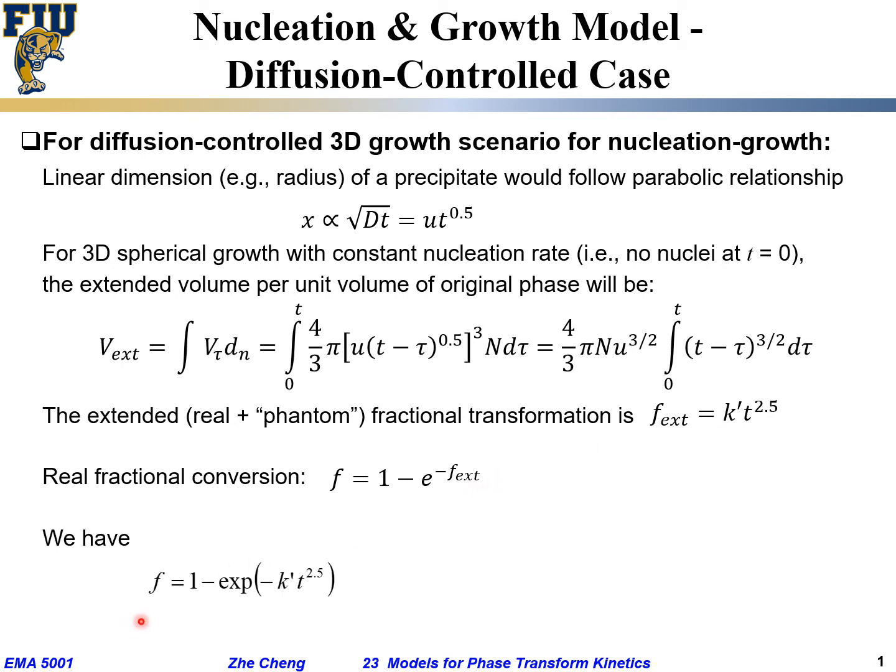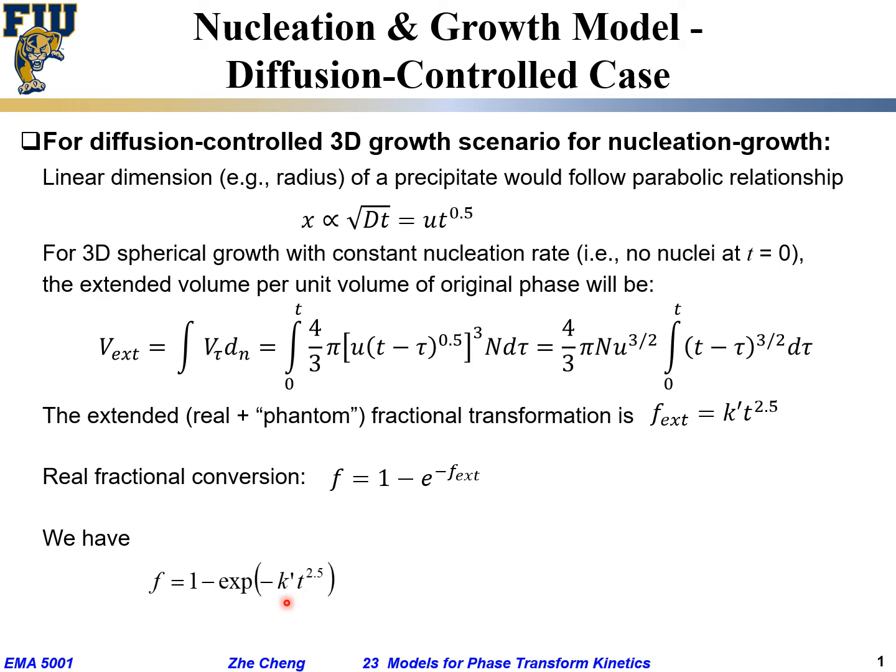Therefore, the real fraction of conversion is 1 minus the exponential term, where the exponent is a constant k prime times t to the power of 2.5, and don't forget the negative sign in front. From this equation, we can get the extent of conversion for a given time t, if we know the constant k prime.